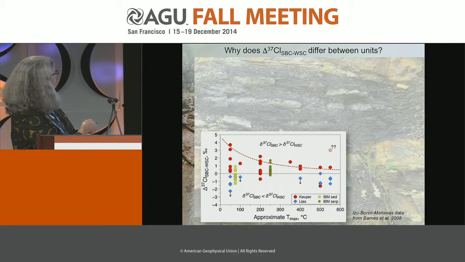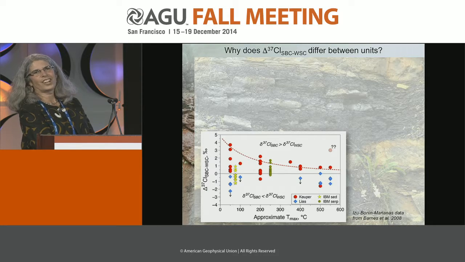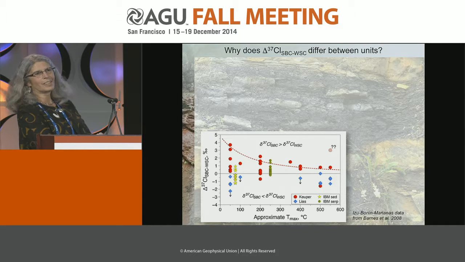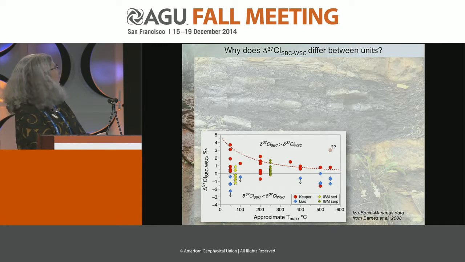I've added some of her sedimentary data too, and what you can see is that most of the seafloor sediments she looked at actually have the same backwards relationship as the black shales that I've been looking at. There are a few that show the normal relationship, but most of them have the backwards fractionation.